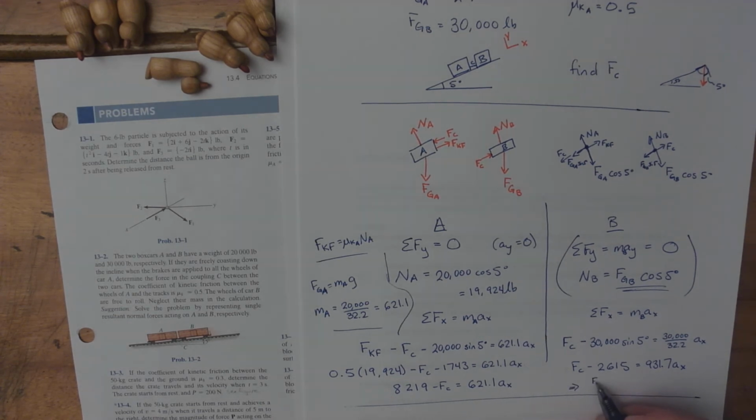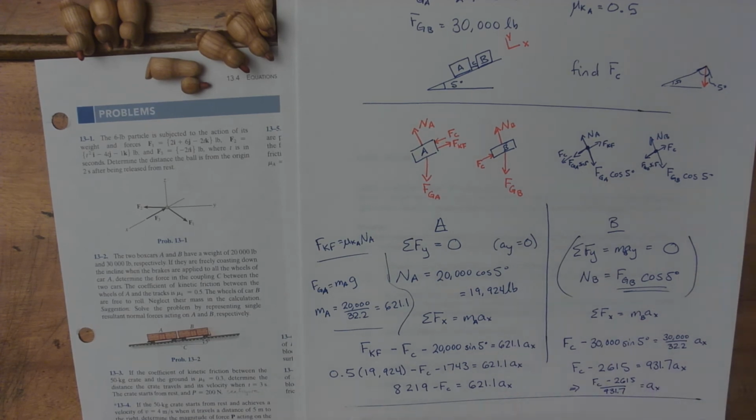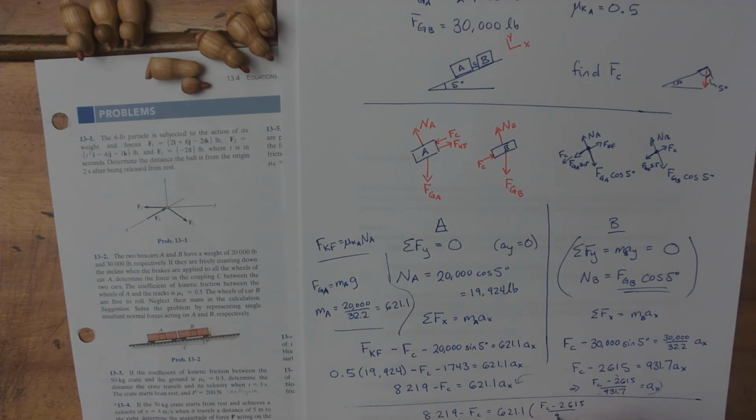and divide by 931.7. That gives us an equation for the acceleration in the x direction, and then we'll just take that and put it in here. So we get 8,219 minus force C is equal to 621.1 times FC minus 2,615 divided by 931.7.